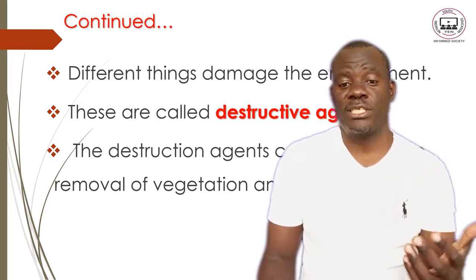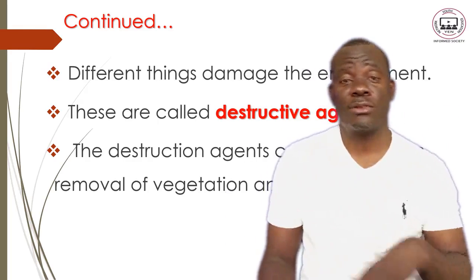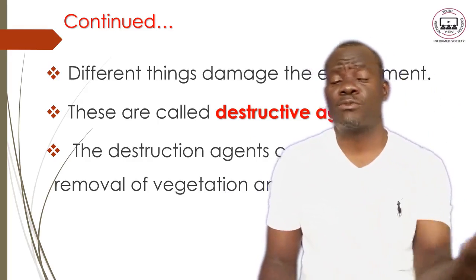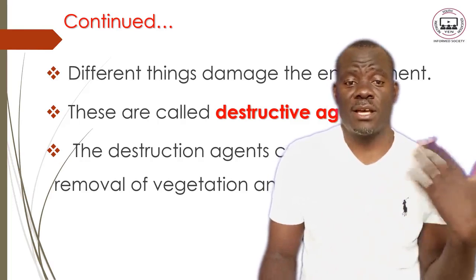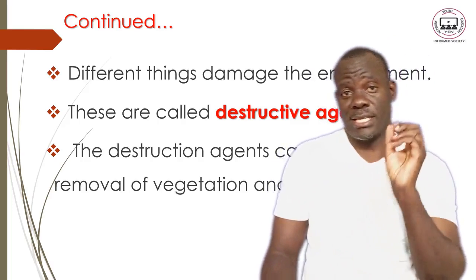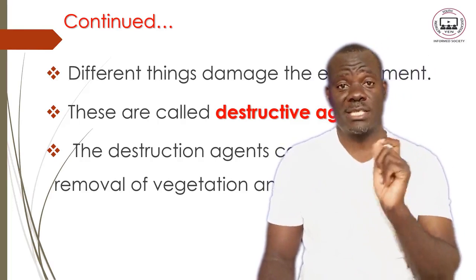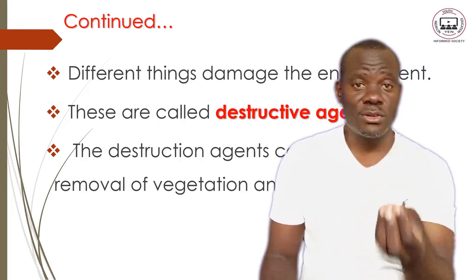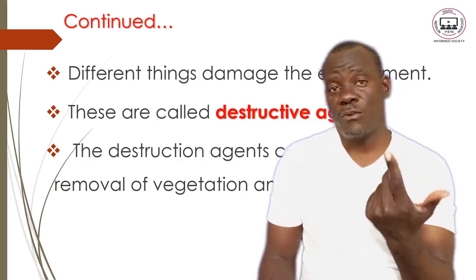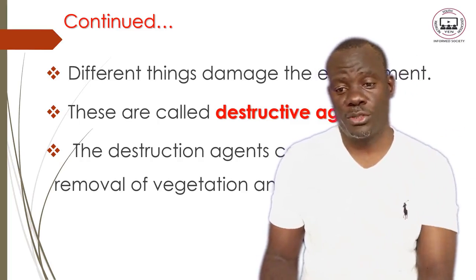Air pollution: just burning tires anyhow, throwing things anyhow, pollutes the air, hence the spread of diseases, and the environment is damaged. So destructive agents destroy the environment and cause different things that are also harmful to people, for example soil erosion, removal of vegetation, and air pollution.